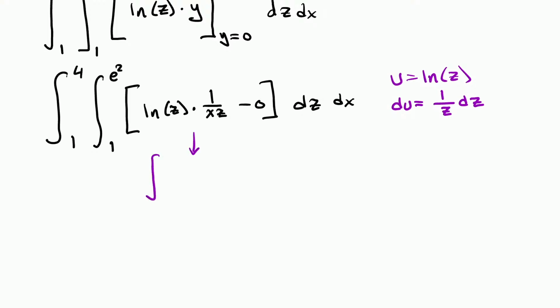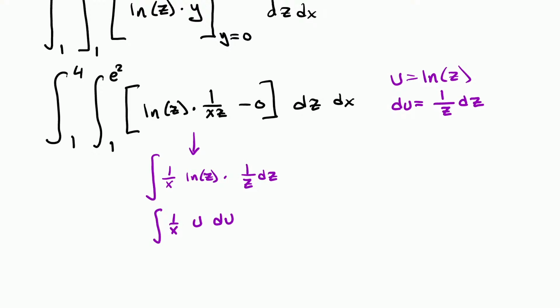I'll put the 1 over x out front times the natural log of z times 1 over z dz. All I've done is rearrange it. The 1 over x is out of the way, and the 1 over z is right next to the dz, so it's super obvious that the integral is going to be 1 over x times u du.